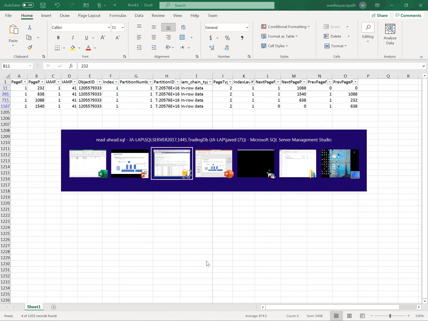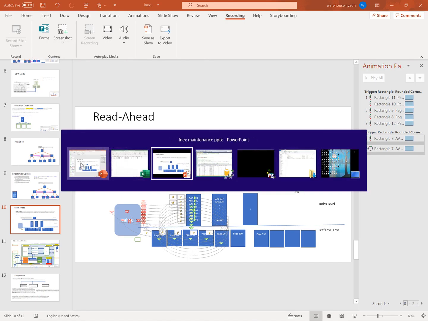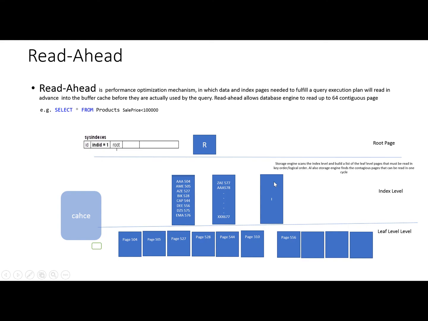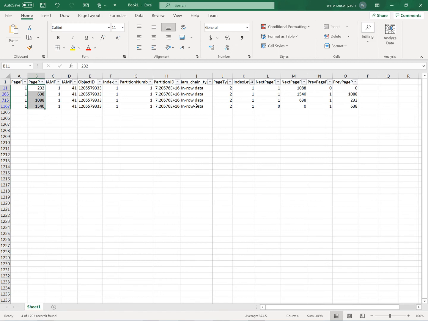Please note that at this intermediate level there are 4 pages assigned to this product table index structure. So there are 4 index pages. Index level 1 means this is the intermediate level, and page type 2 means these are the index pages.